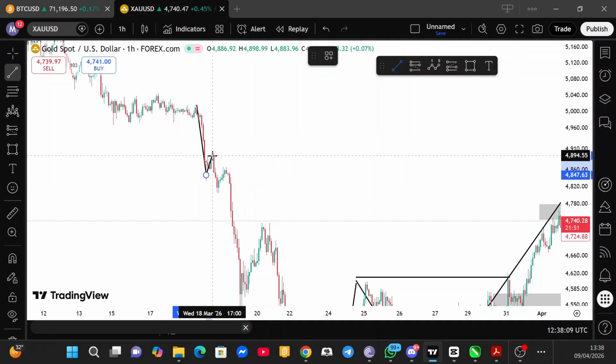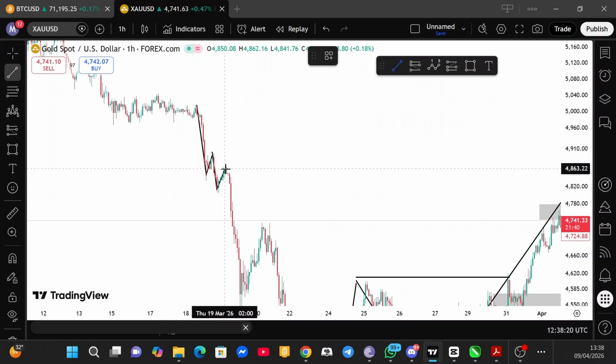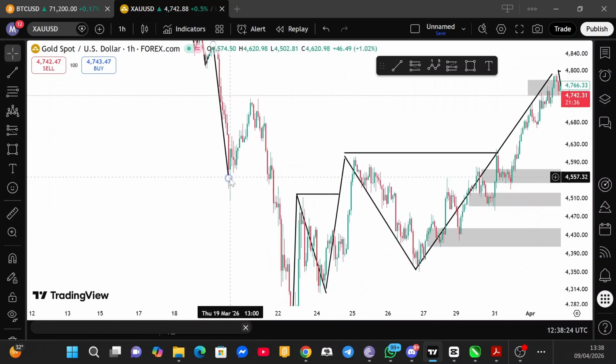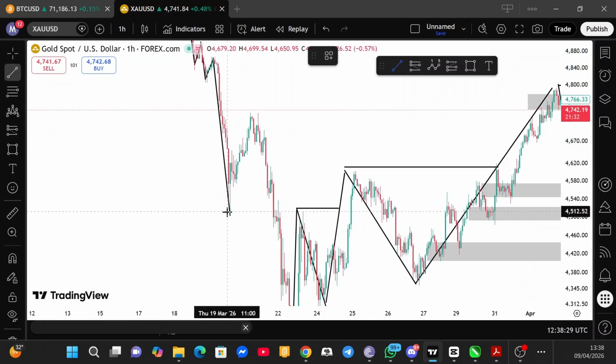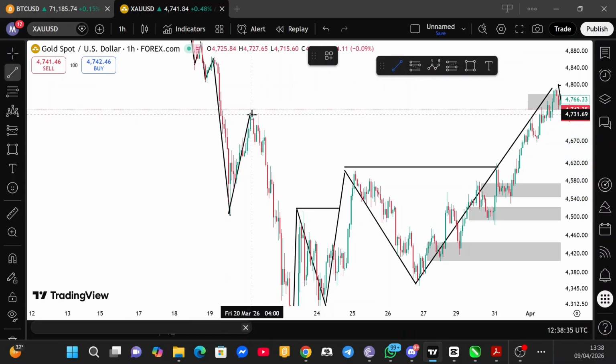created a high here, continued selling to this point, created another high, and then continued selling, continue dumping to this point. The market created another high here, and then did what?